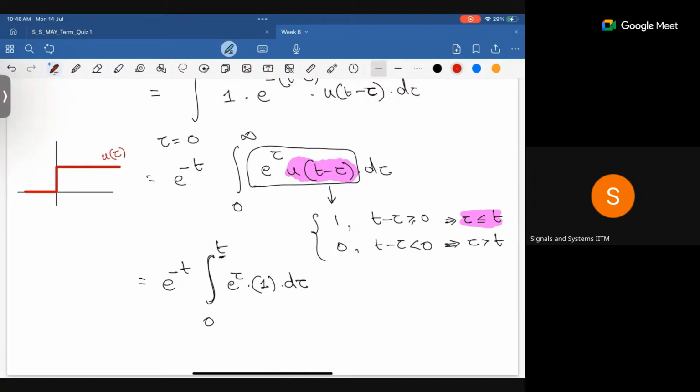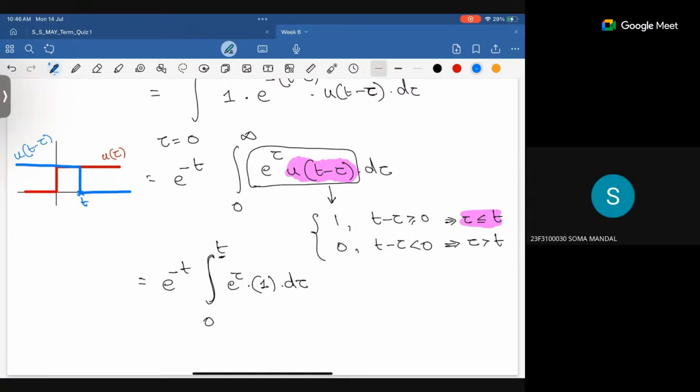Then u of t minus tau will be like you have to reverse it and then shift by t units. So this is u of t minus tau, and this is tau, and this is exactly t. So t is a constant, tau is a variable.